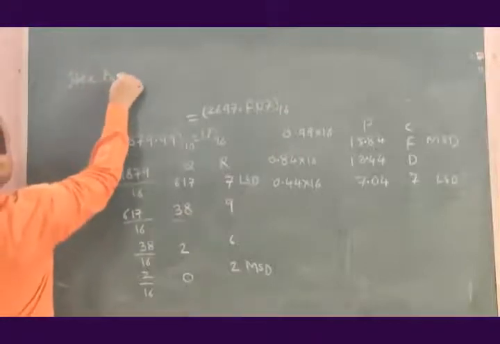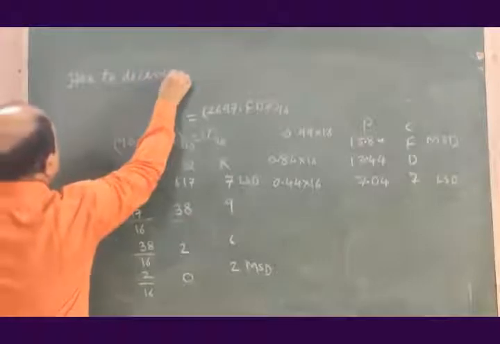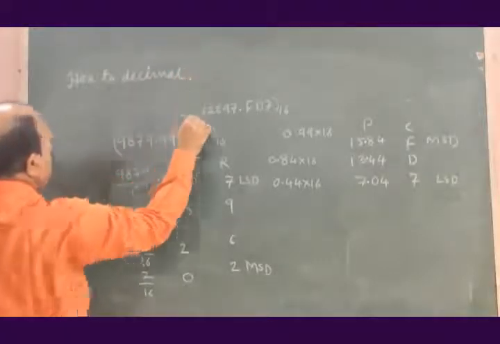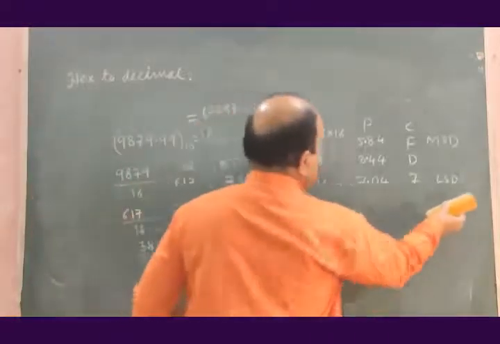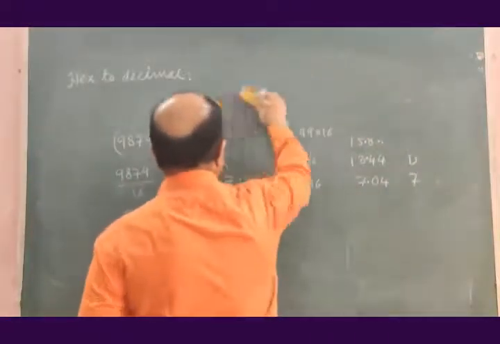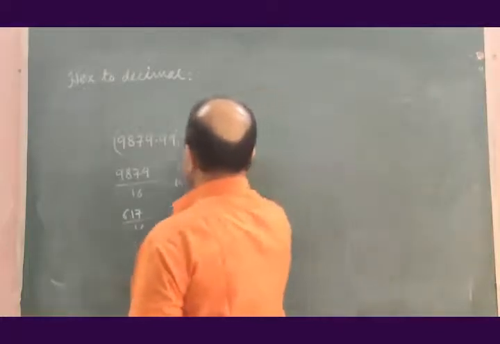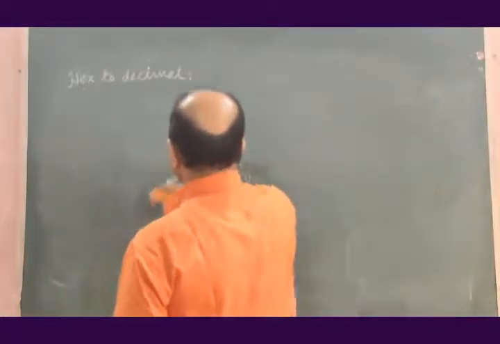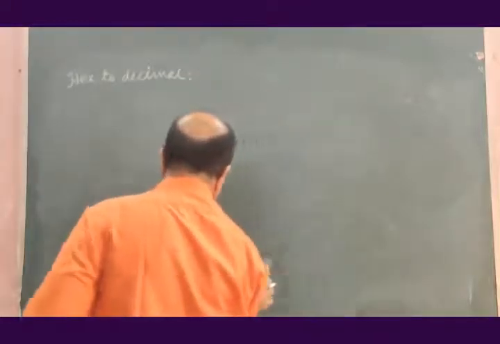Hex to decimal. Convert the numbers from hexadecimal to decimal. In this case, we shall use the sum of weights method. Decimal number system is a positionally weighted number system.